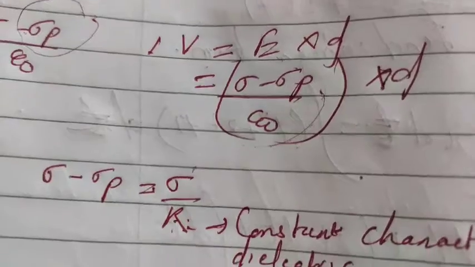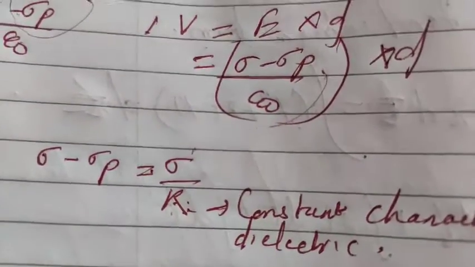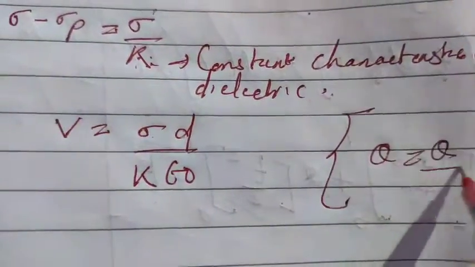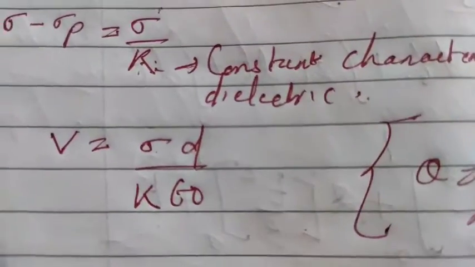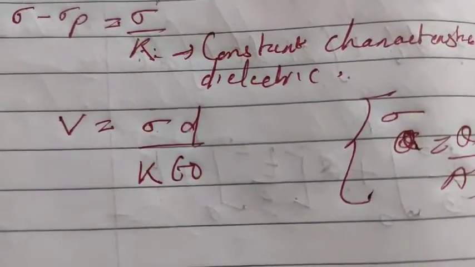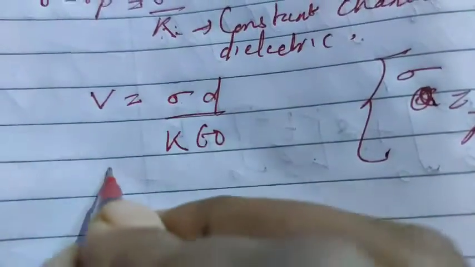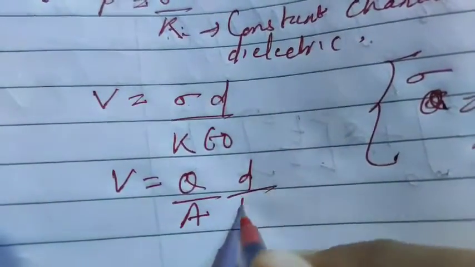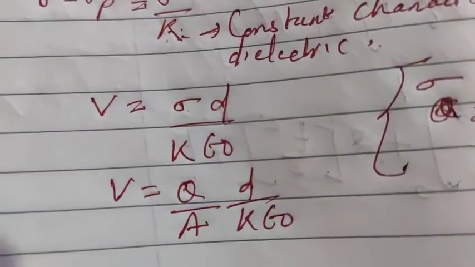So we can write into d. Here, everyone knows, sigma is equal to Q by A. So in place of sigma, you put Q by A, and everything will remain like this only, right? This you got it.